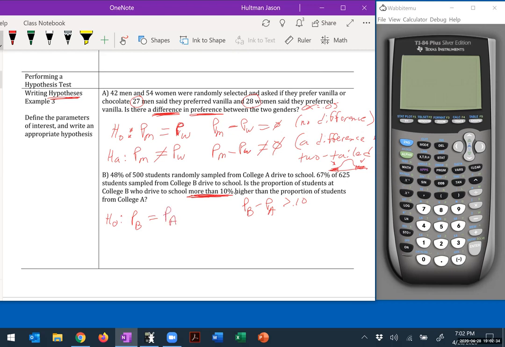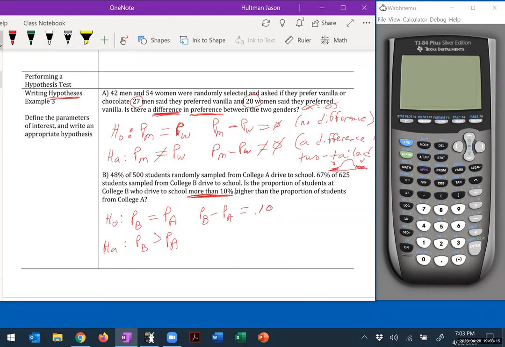Well, what's the alternative? Well, the alternative is that the probability of B is greater than the probability of A. Or, the way that I could rewrite this is I could say that the probability of B minus the probability of A is equal to 10%.